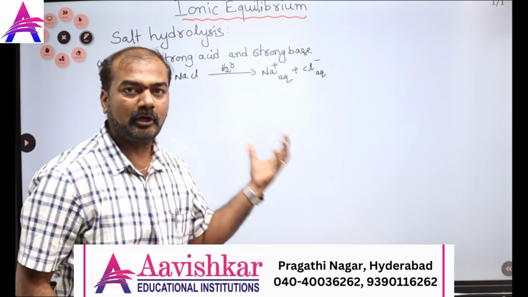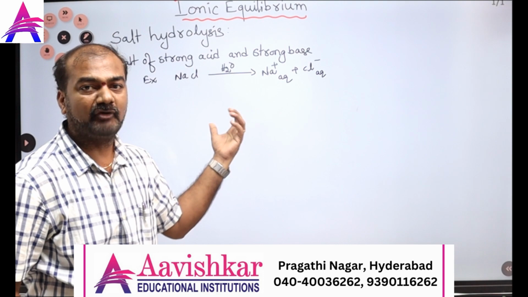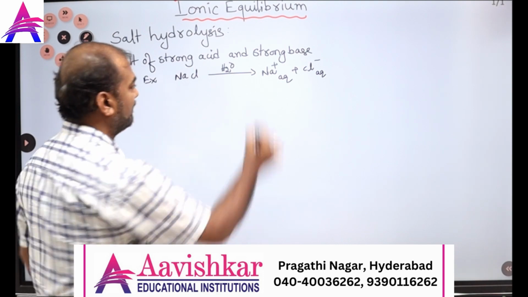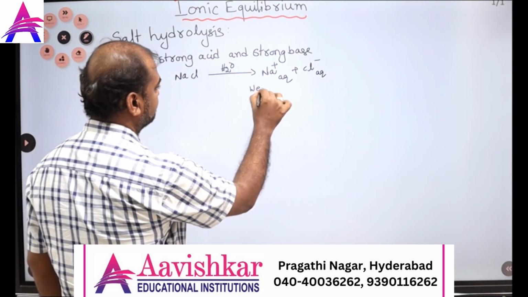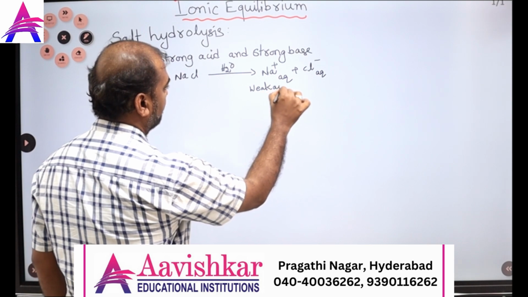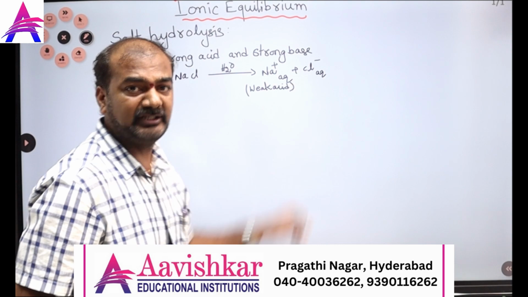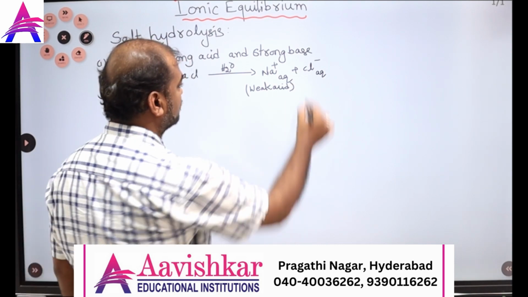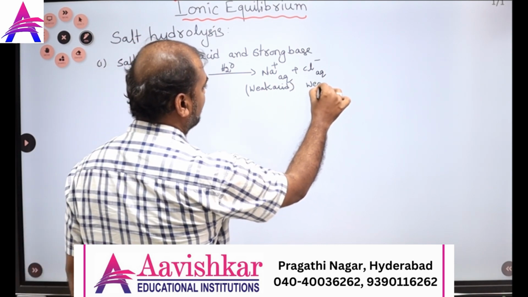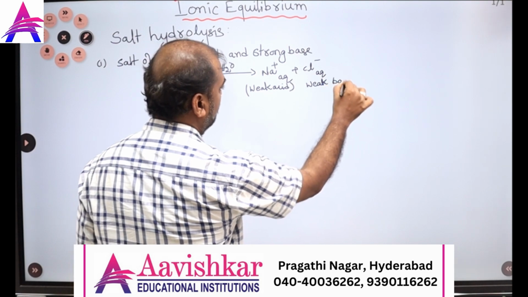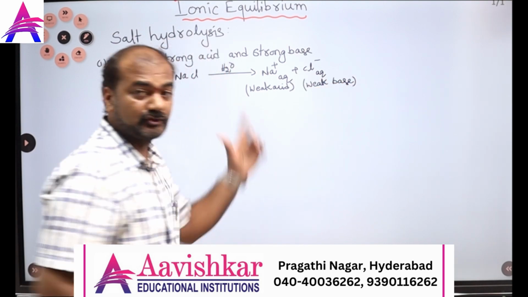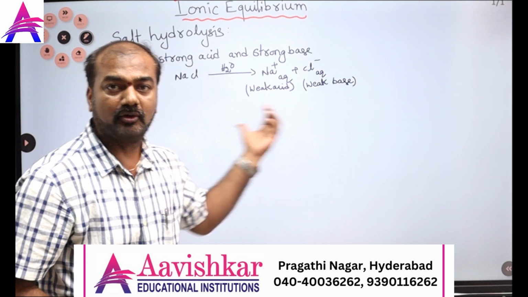But the point you have to remember: Na+ is coming from a strong base, so it is a weak acid. Similarly, chloride ion is coming from a strong acid, so it is a weak base. So aqueous NaCl is not hydrolyzed.